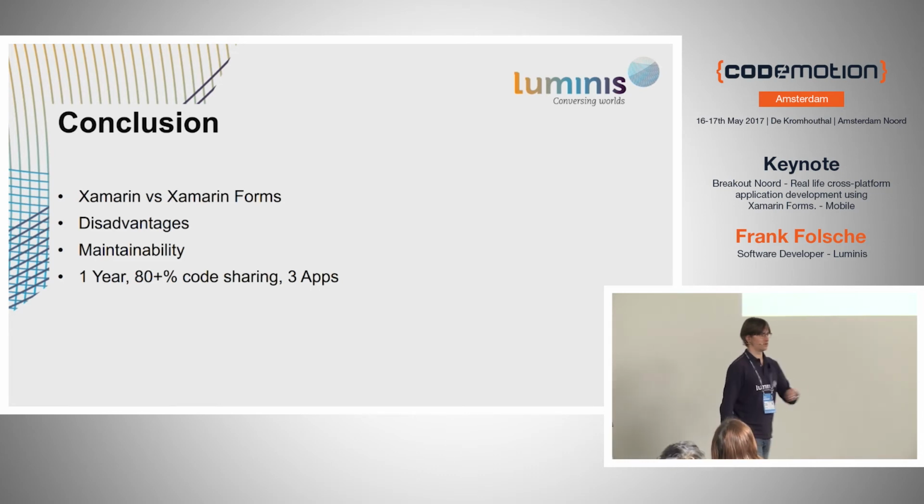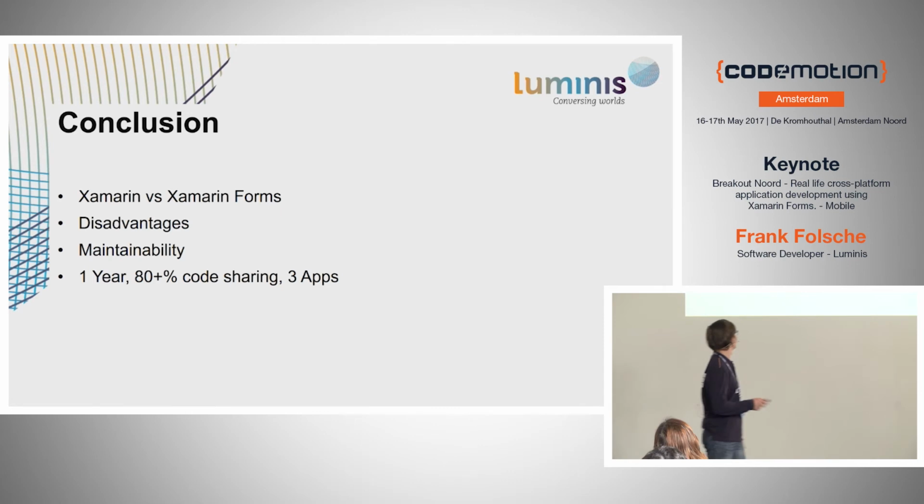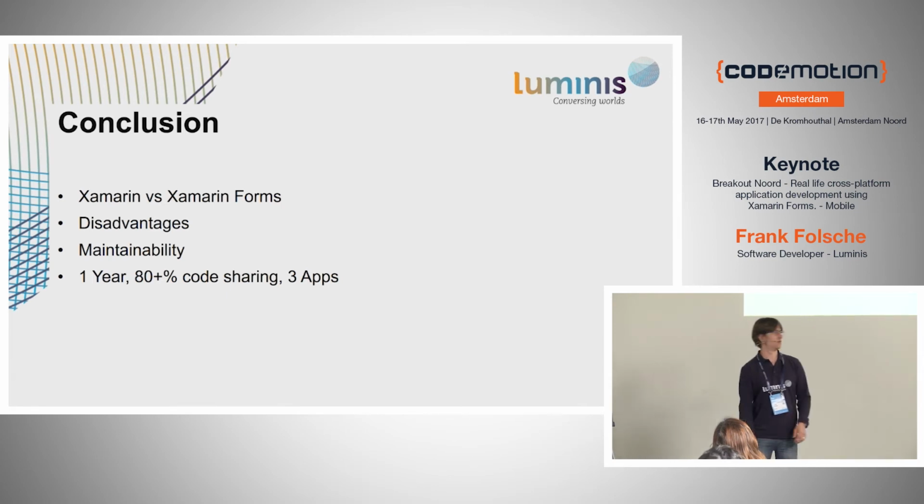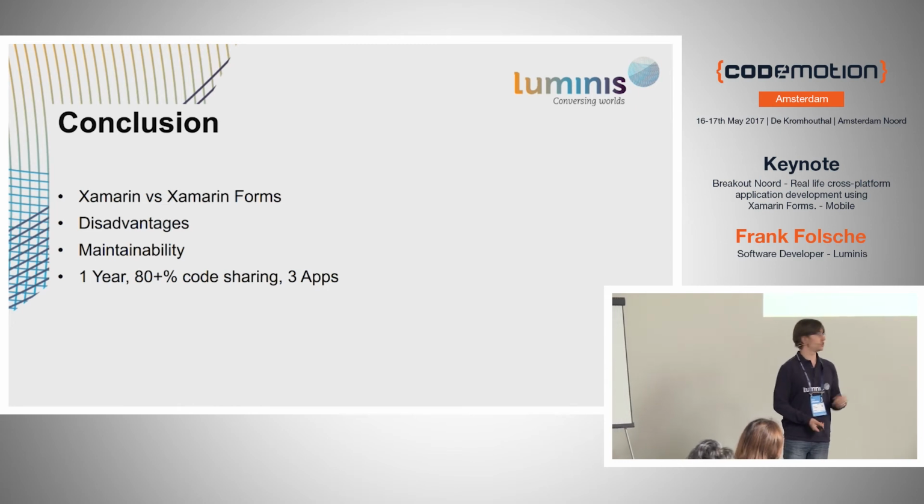Well, I only talked about good stuff about Xamarin, and I did this presentation earlier, and they said I should also talk about disadvantages. Obviously, there are quirks, and sometimes you get into strange issues. You are sometimes a little more dependent on Xamarin Forms than on Xamarin, on the developers of Xamarin.